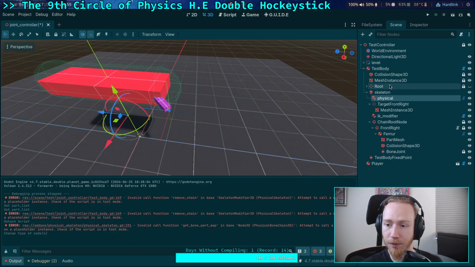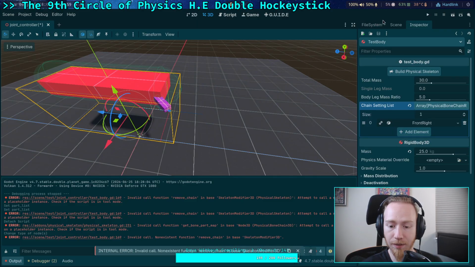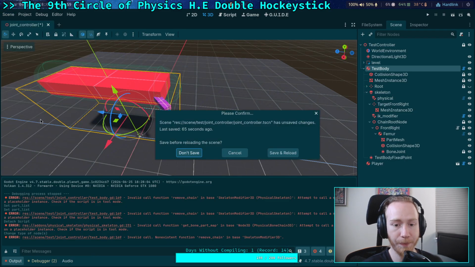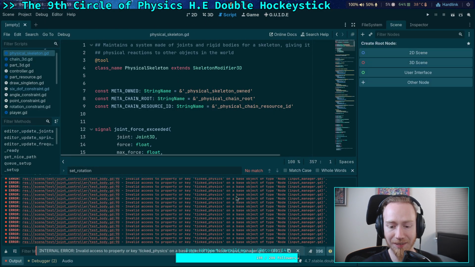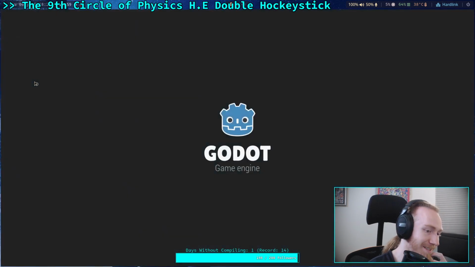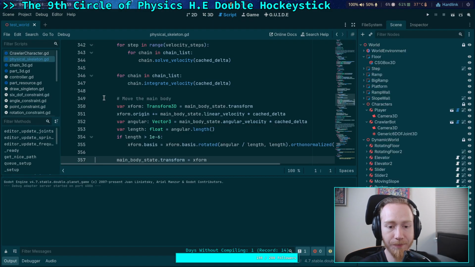Weird. Okay. Non-existent function. Invalid access. Can we just stop? That's insane.